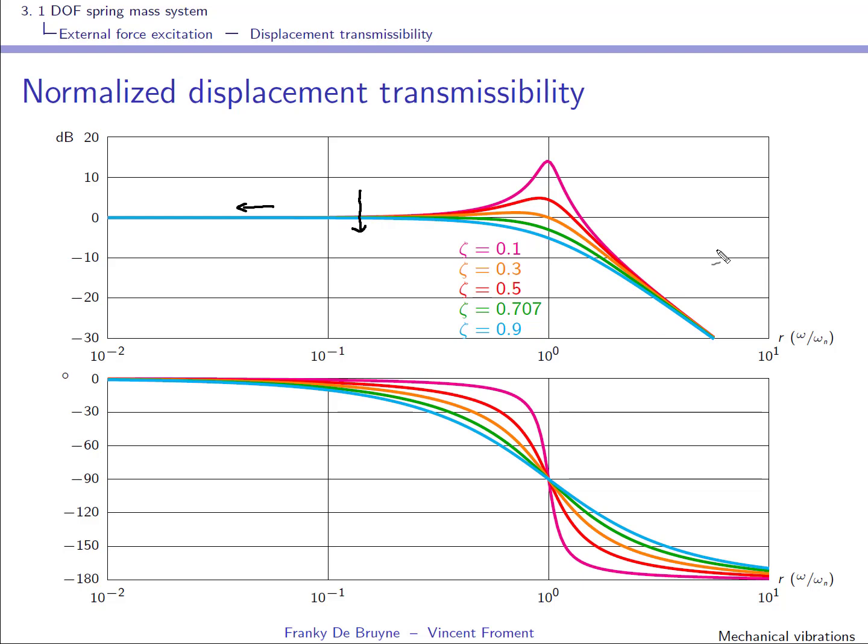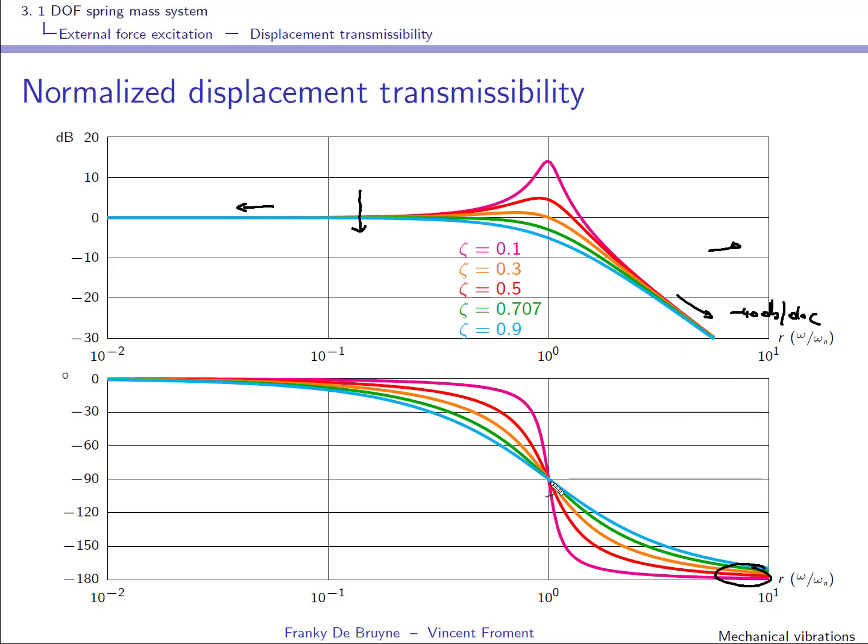At the high frequencies, you got 180 degrees phase shifts. You got a slope here of minus 40 dB per decade. And if your R is increasing, you'll have a displacement transmissibility that will go down.